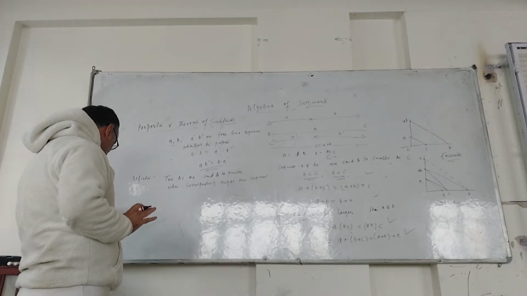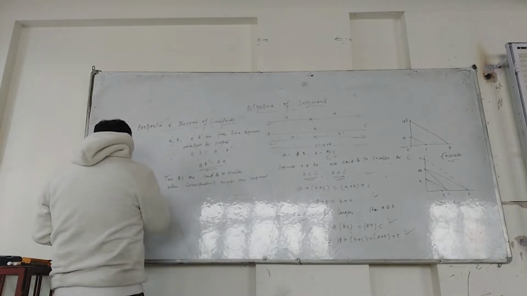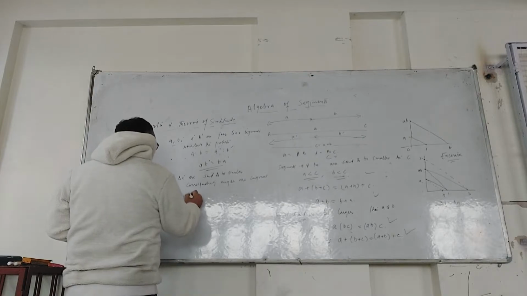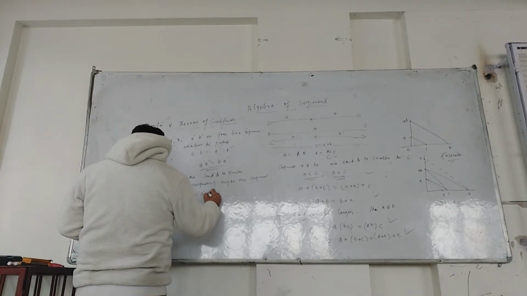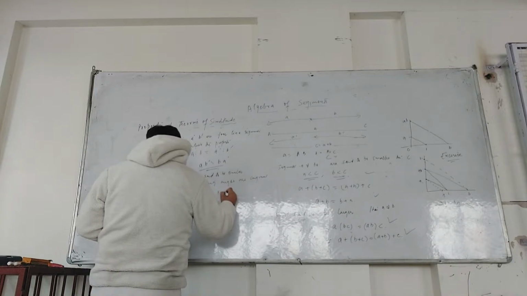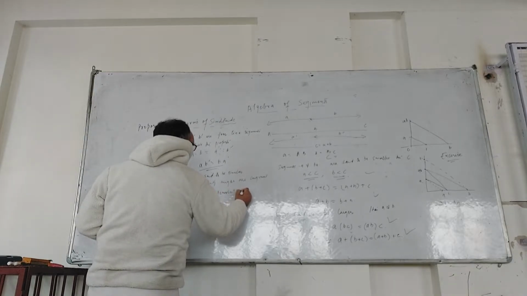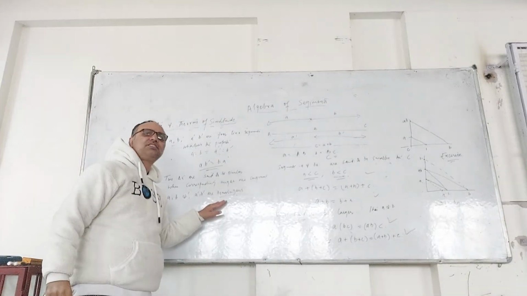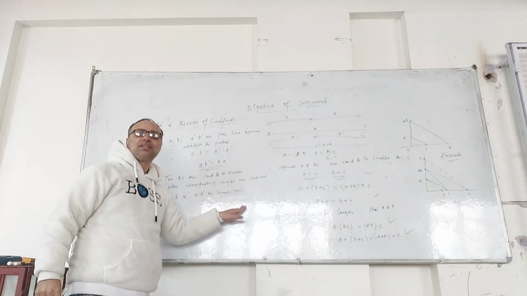Now the theorem says that if A, B and A prime, B prime are homologous, we normally say that they are similar. Homo means similar.